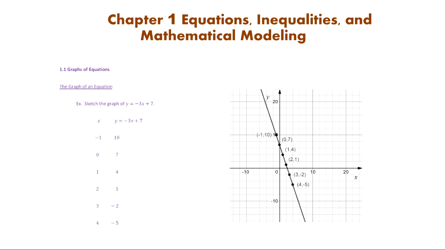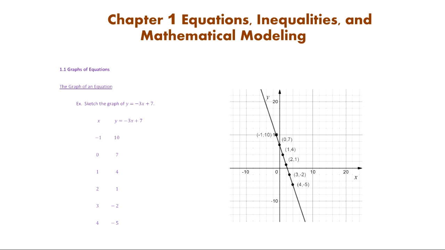When I chose x to be 0, then I plug in 0 for x. So y will be -3 times 0 plus 7 using this equation. And -3 times 0 is just 0. 0 plus 7 is 7. So y equal to 7. And then I chose another x value, 1.